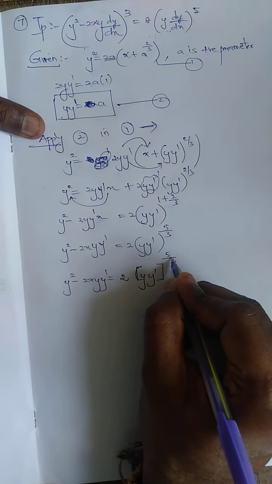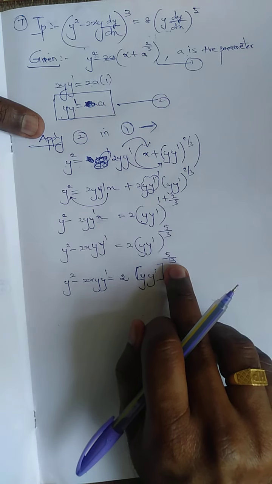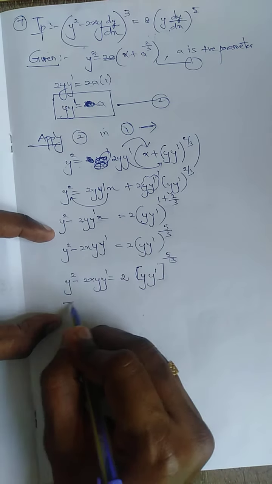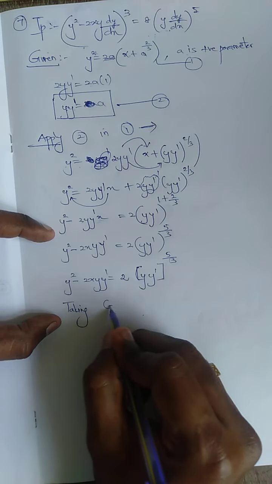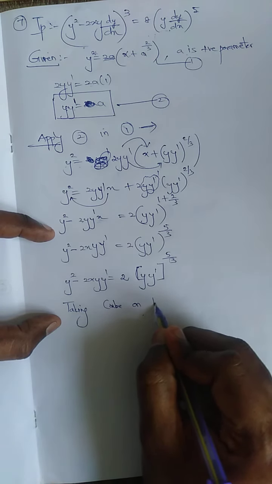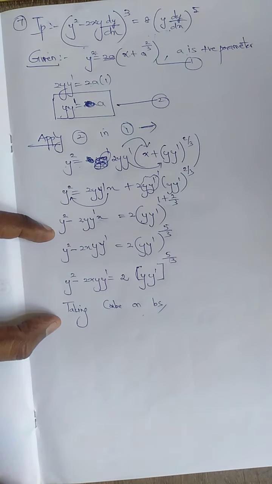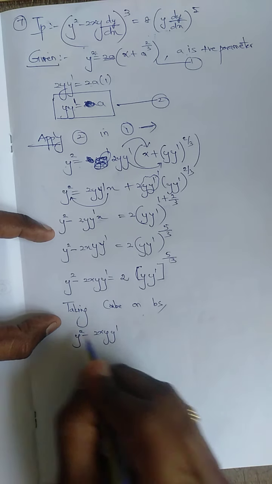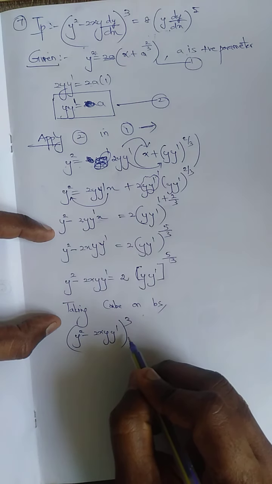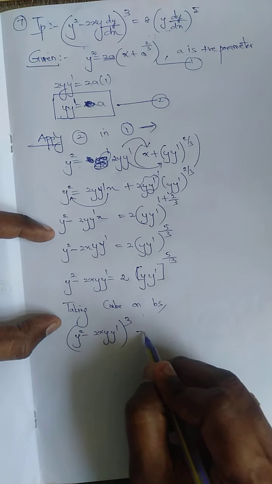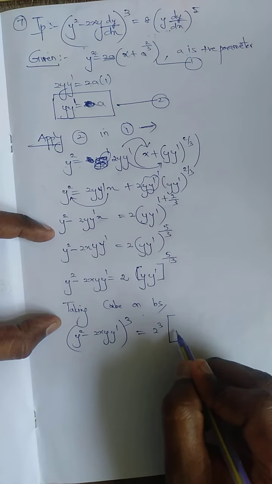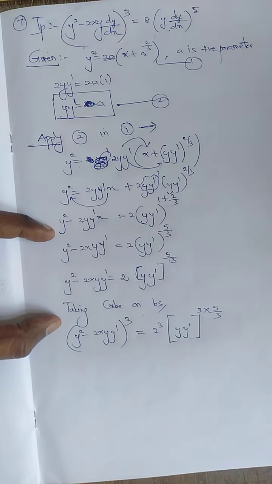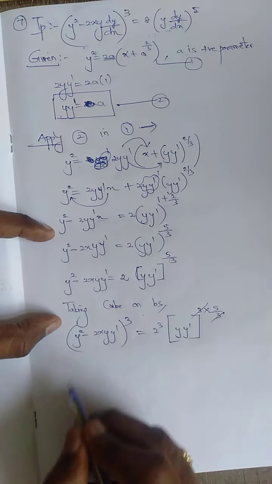What is the problem here? The denominator 3 is still present in 5 by 3. So taking cube on both sides, not cube root, I am taking cube on both sides. So y square minus 2x y dash, the whole cube, is equal to 2 cube times y dash to the power 5 by 3 cubed, where the 3 gets cancelled.